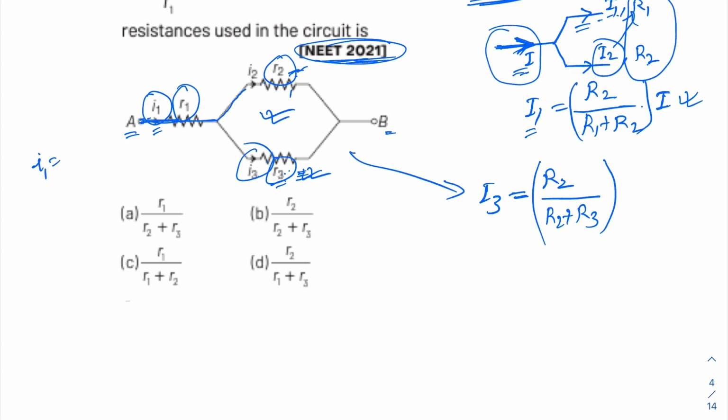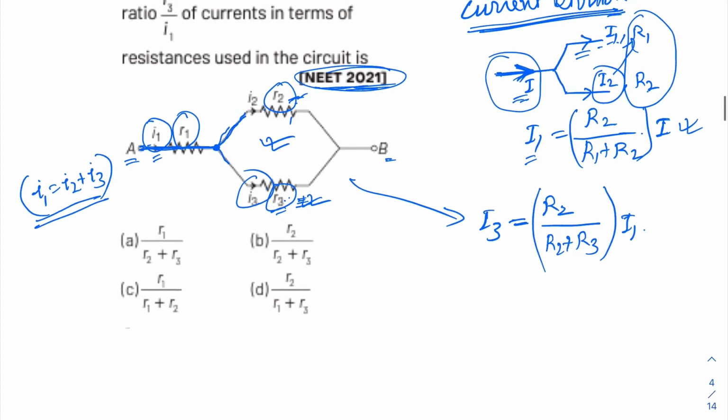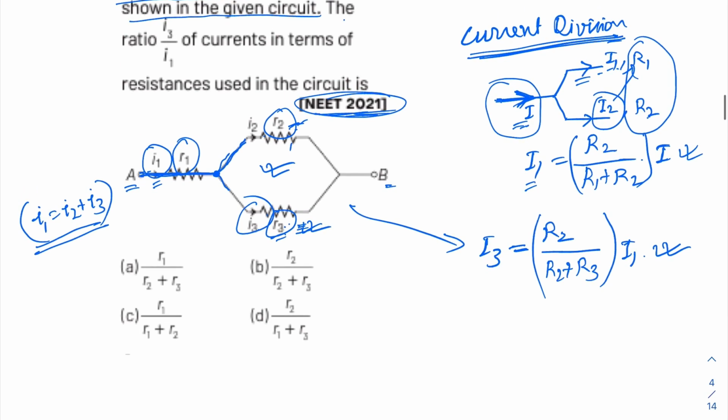I1 equals I2 plus I3, obviously, because I1 is coming to this point and then I2 and I3 are going out. So the total current here is I1. This is a formula based question, we can directly write it.